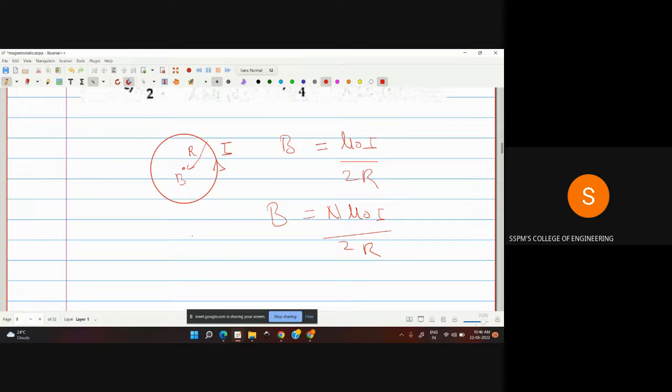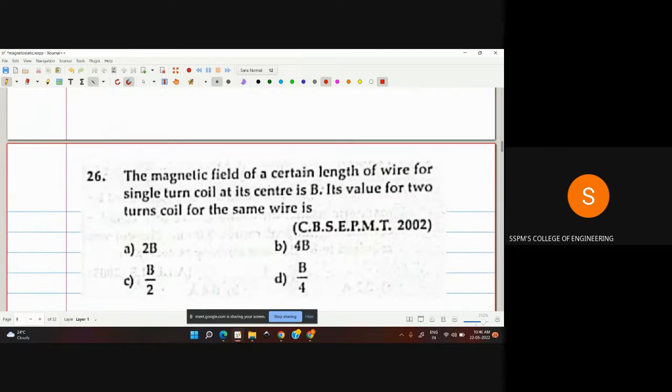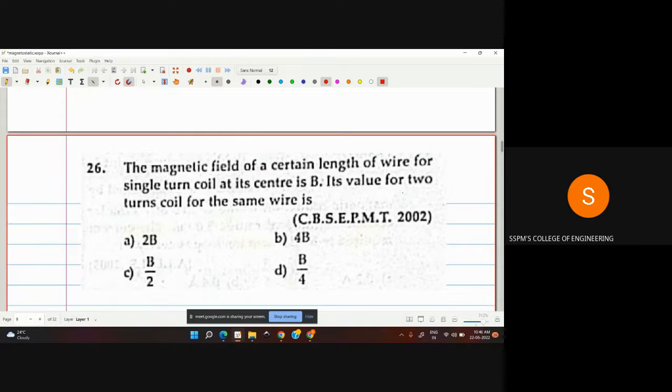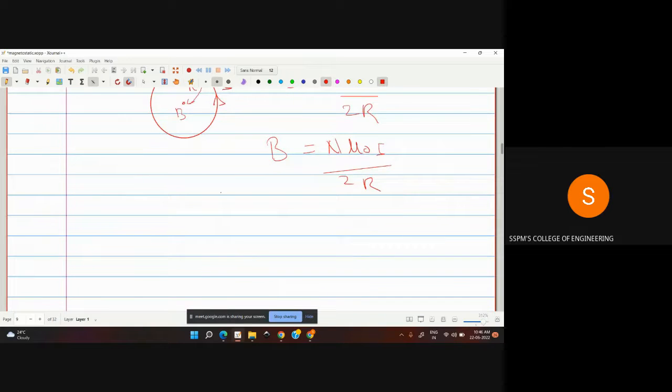Isn't it? आता इथे काय केलं या एक्झाम्पल मध्ये, if the number of turns increases to 2, n किती घेतलेला आहे 2 घेतलेला आहे, n is equal to 2 घेतलेला आहे. सो इथे b1 is equal to n is 2 mu 0 I divided by 2R.